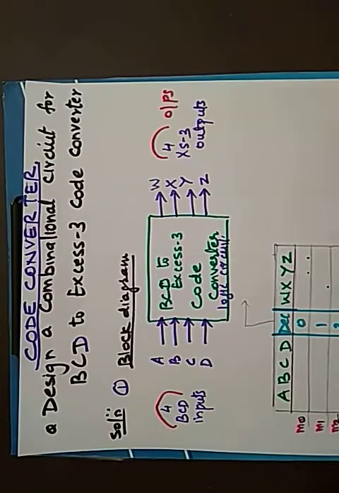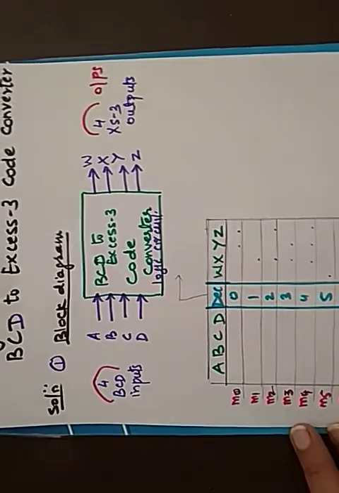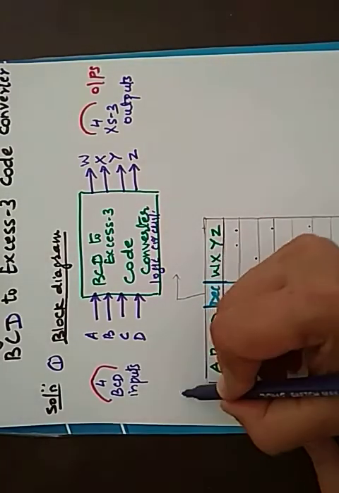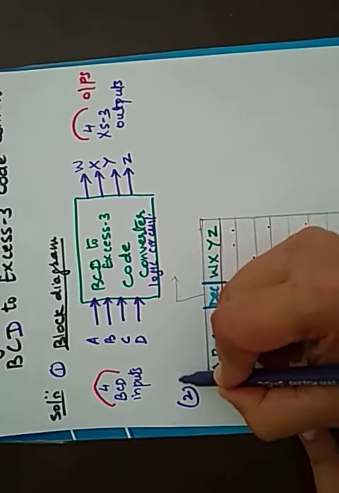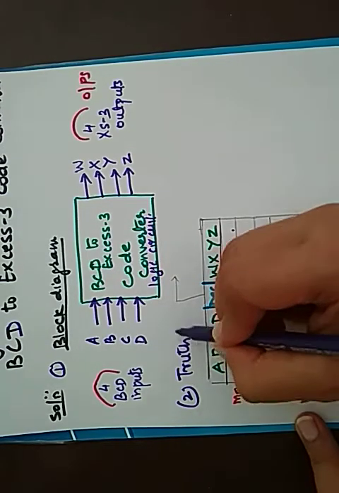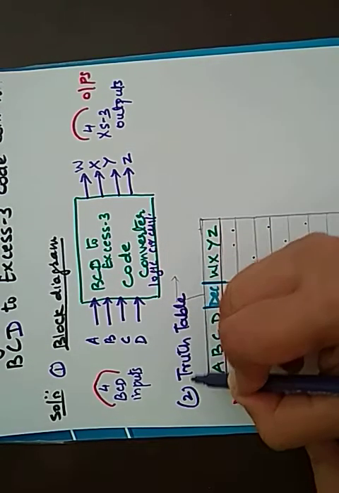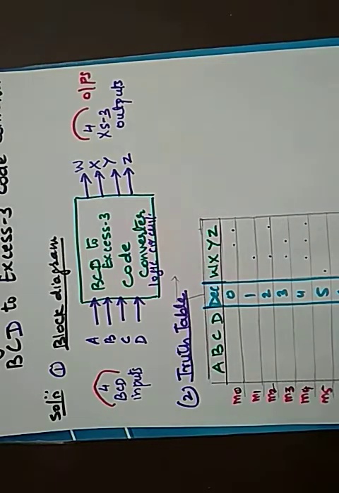The next step in designing a combinational circuit from the given statement is to write its truth table.